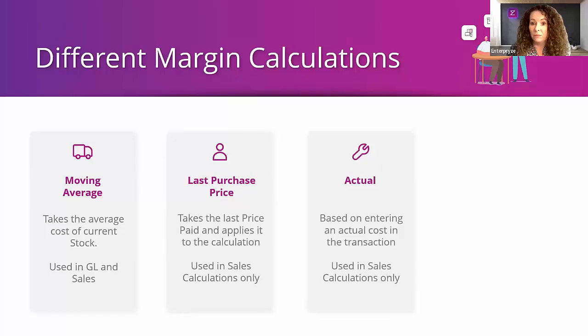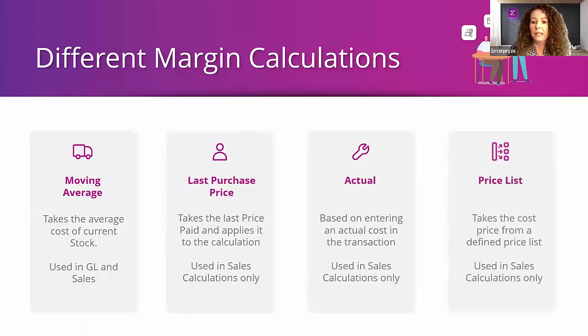The actual or manual cost price is based on entering an actual cost in the transaction, in the advanced entry on your line entry, and is used in sales calculations only. The price list margin takes the cost price from a defined price list and uses that in sales calculations only.